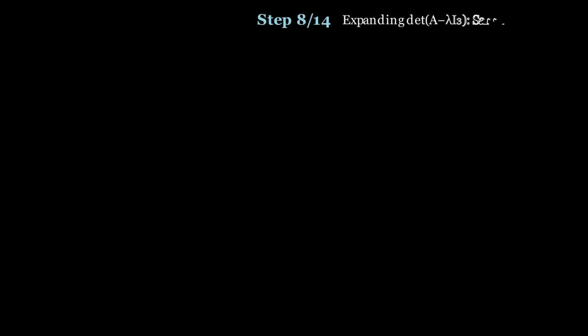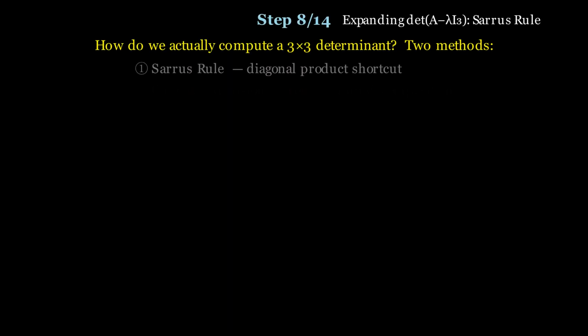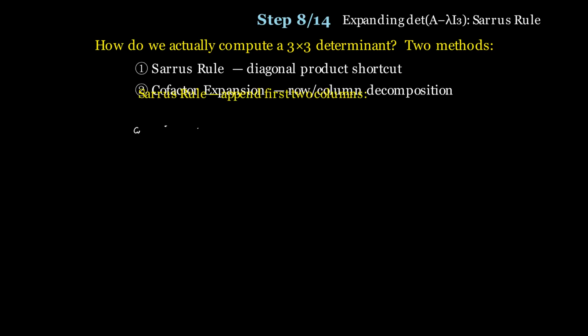Step 8. Part 1. Before we can write down the characteristic polynomial, we need to know how to compute a 3 by 3 determinant. The Sarrus rule is the quickest method. Append the first two columns to the right of the matrix. Then sum the three downward diagonal products and subtract the three upward diagonal products.